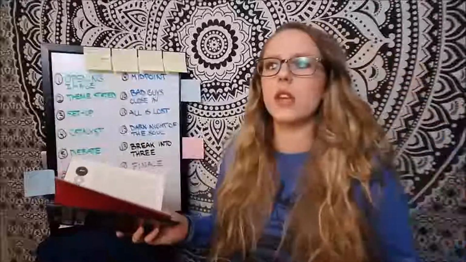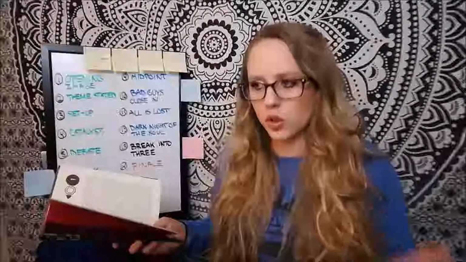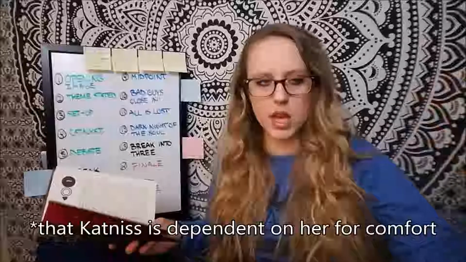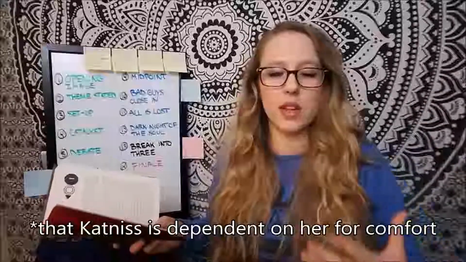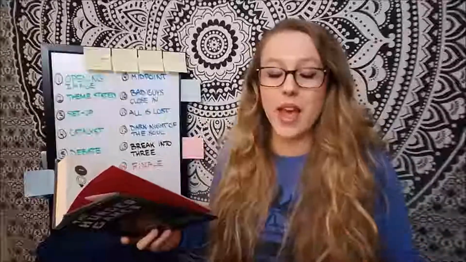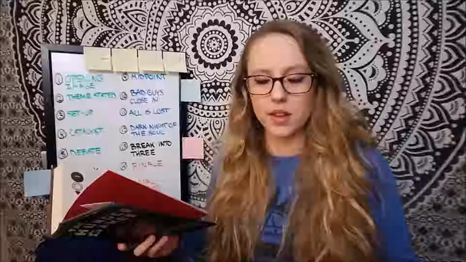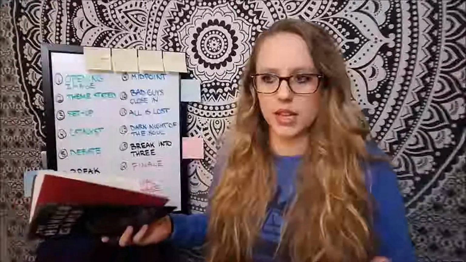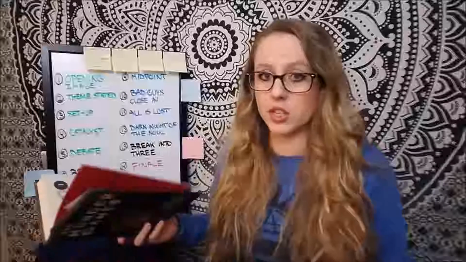So that also tells us two things. One, that she has a sister that she's close with, and because she's seeking her warmth, it tells you that they're close, and also that Katniss is kind of protective of her. And the second thing this alludes to, again, is their lack of money, because the sisters are sleeping in the same bed, which is likely because they don't have enough money for them to each have their own bed.